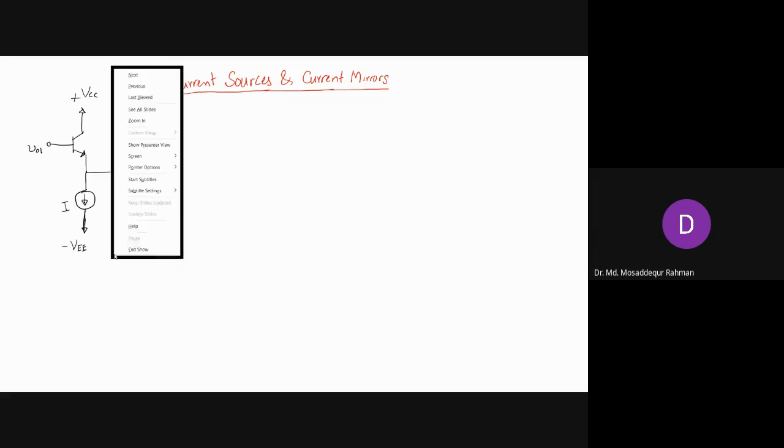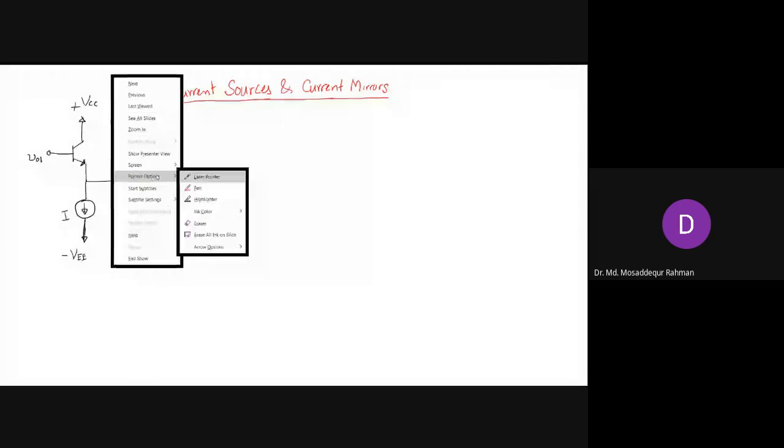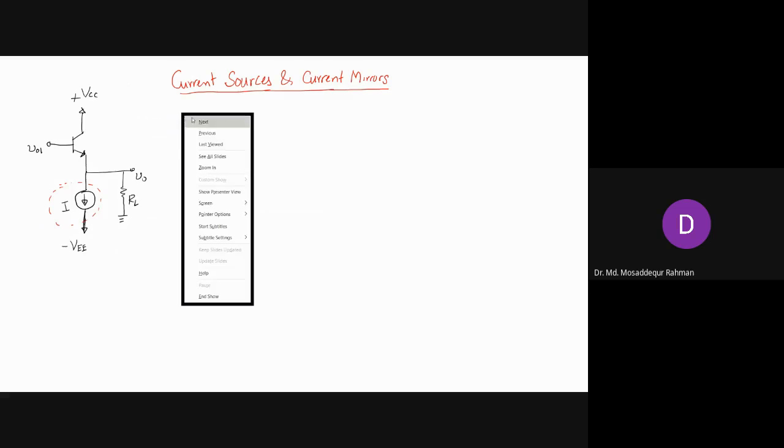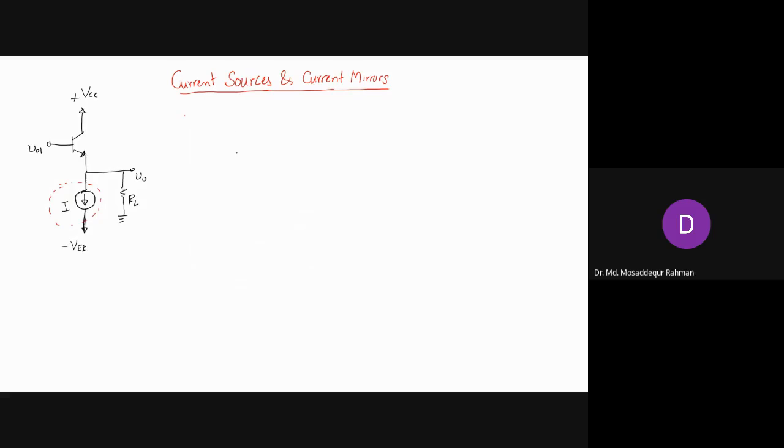So our focus here is this part: how to design this current source circuit that can supply the current that we need. There are different ways to do that.